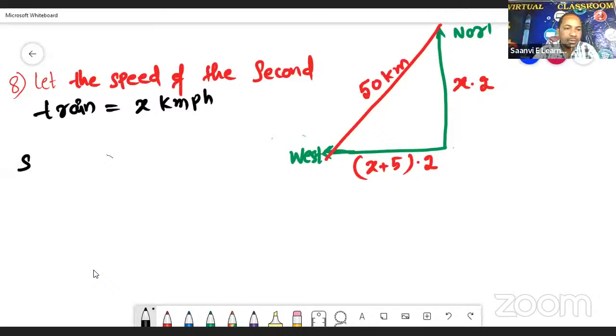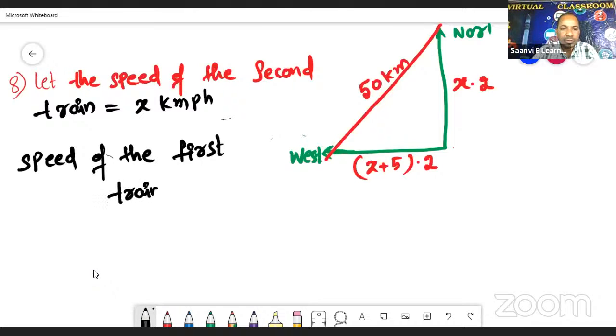Next, speed of the first train is equal to x plus 5 kmph. Why?